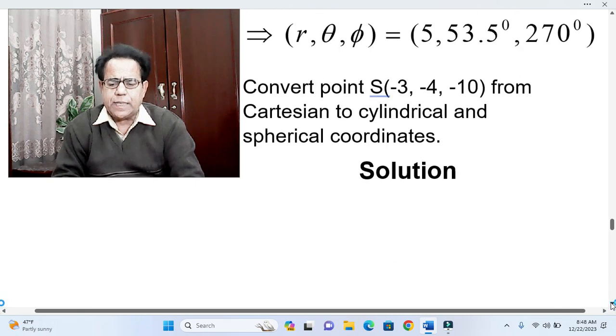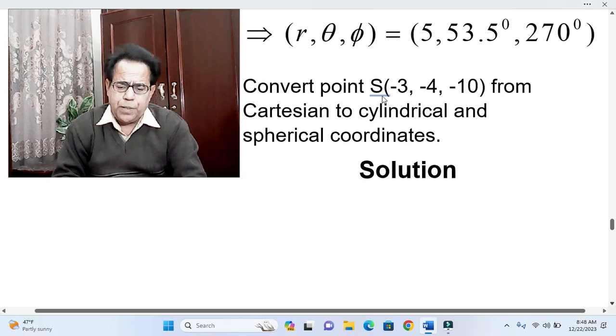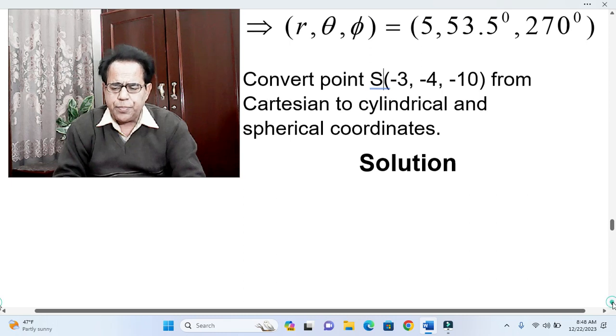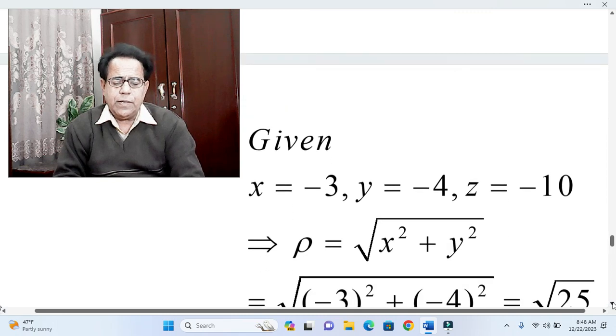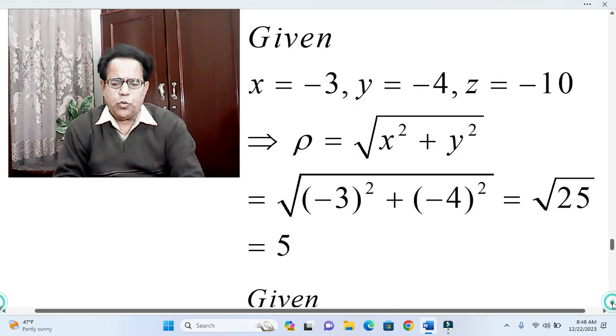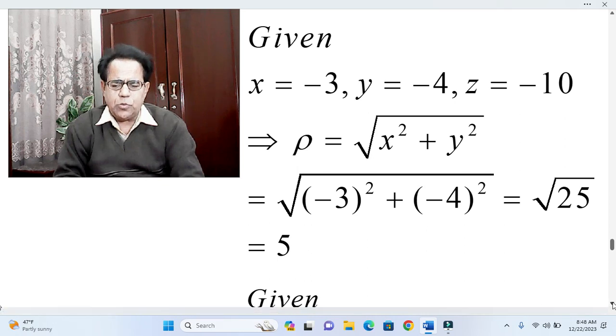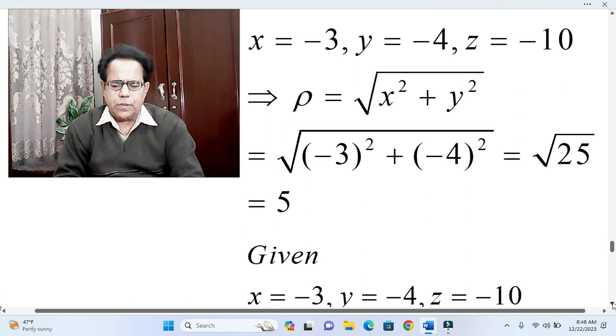Next, the third problem: convert the point (-3, -4, -10) from Cartesian to cylindrical and spherical coordinates. Here, dear students, given x, y, z, rho becomes equal to the square root of x square plus y square, which is root 25, which becomes 5.